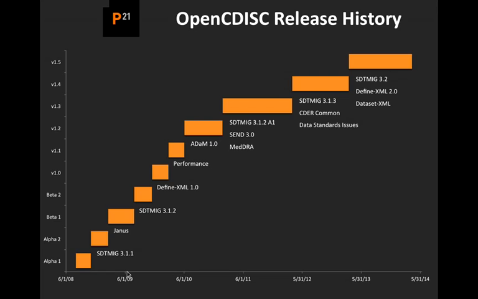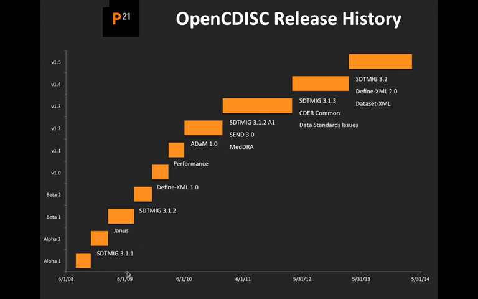I can't believe it myself, but there's been 10 different releases over the last 6 years that we were able to provide to the industry. As you can see, in the beginning it started out supporting only a few standards. We had the SDTM 3.1.1 that we started with. We slowly added the 3.1.2, Define 1.0, and so forth.